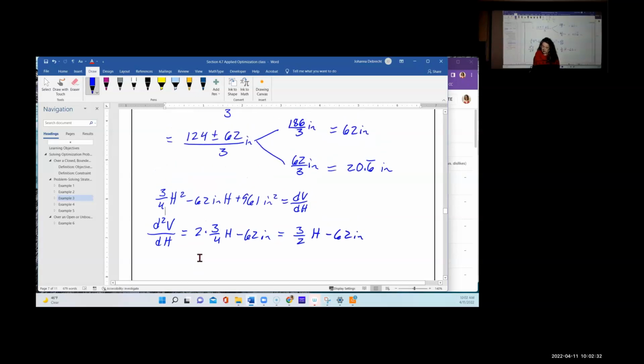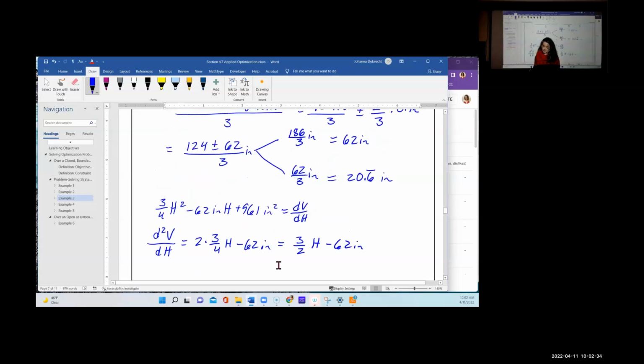All right. So using the second derivative test, if I put in 62, this is going to be a relative maximum and relative minimum at these values. Or 62, I think, is a relative minimum, right?